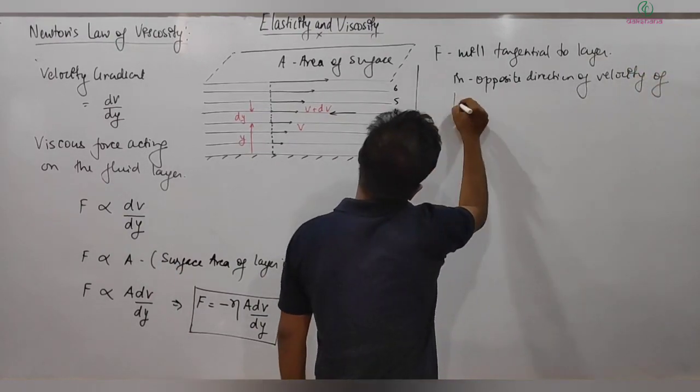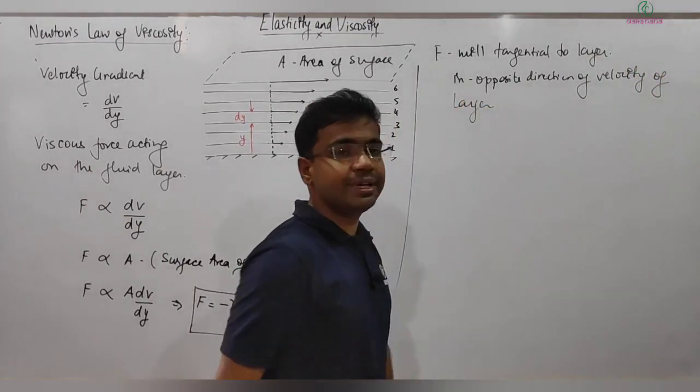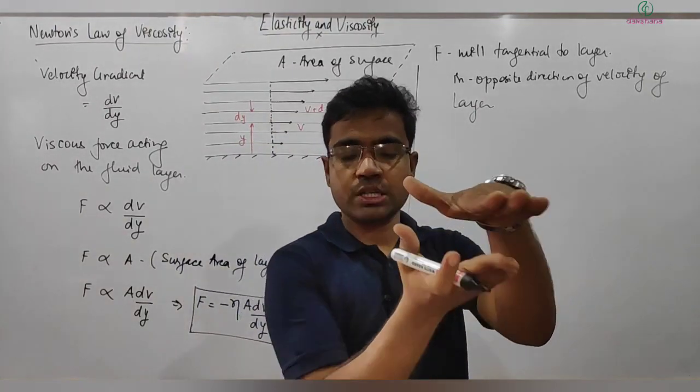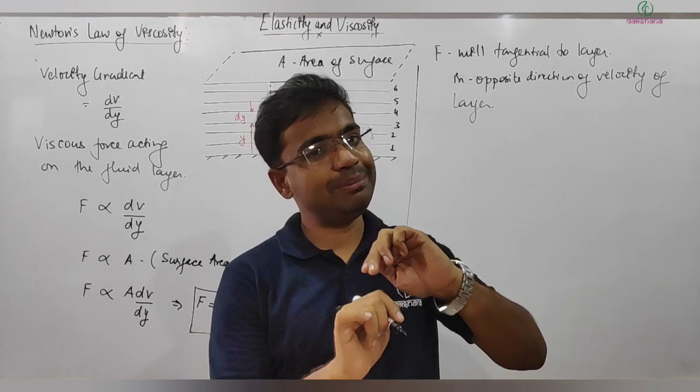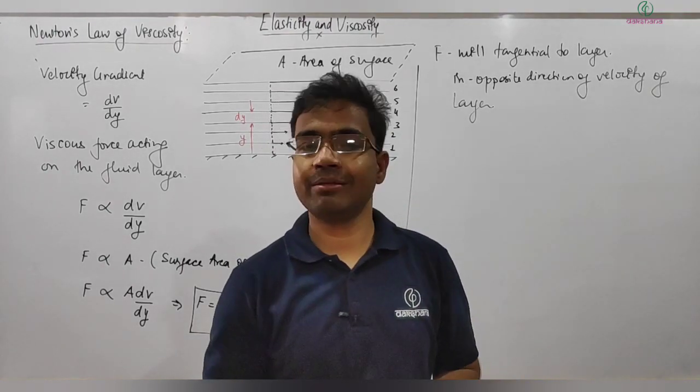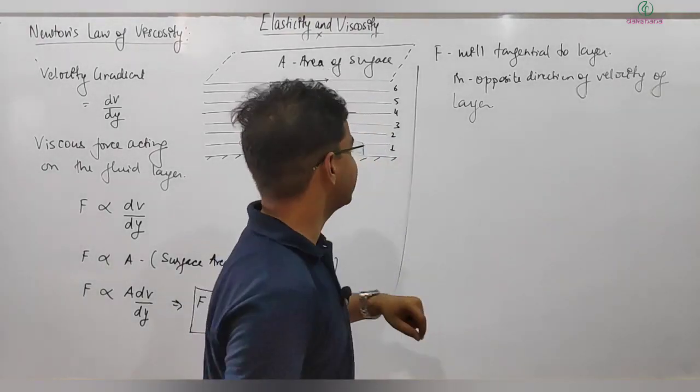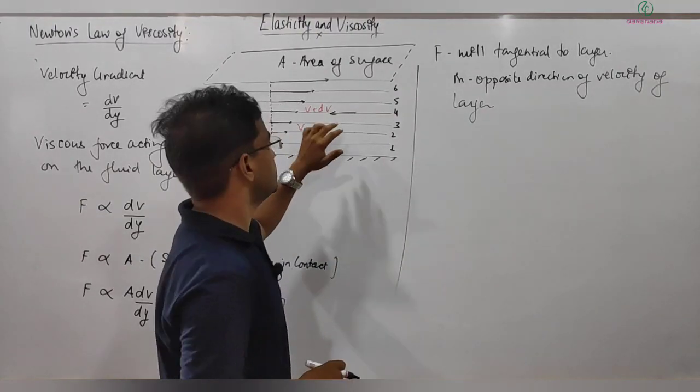of the layer. Just like the way if two blocks are moving and friction is acting, then on one block it will be in the forward direction and on the other block in the backward direction, right? Exactly a similar situation happens here also.